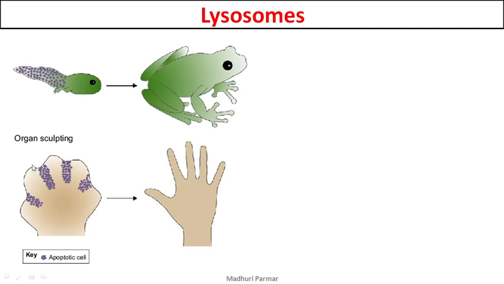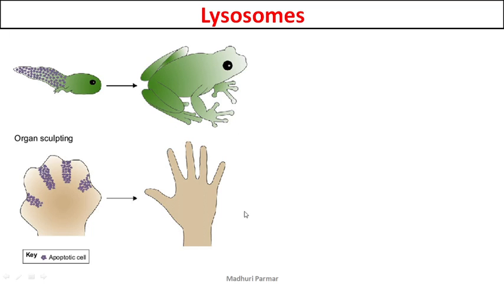This is your hand before, and between these regions you have small dark colored bands. These bands show where the apoptosis is taking place. Apoptosis or autolysis. Cells here will die, they will be lysed, and only after their lysis will the 5 digits, the 5 fingers, separate from each other. So this is the adult hand.